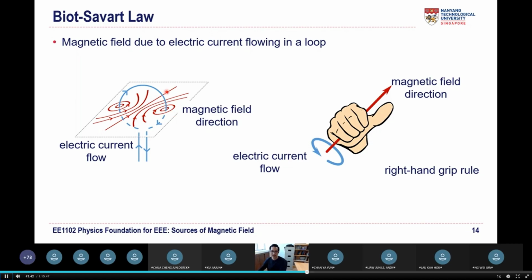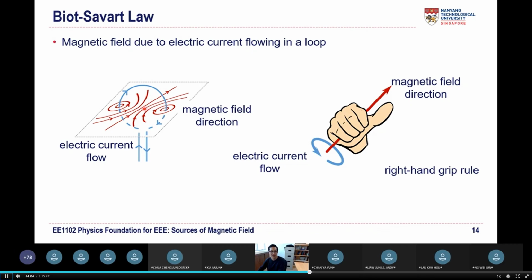It creates a magnetic field in a straight direction. Well, it's not really straight, but you can use the same right-hand grip rule. You can place your fingers around the direction of the current flow, and then your thumb is going to be in the direction of the magnetic field.